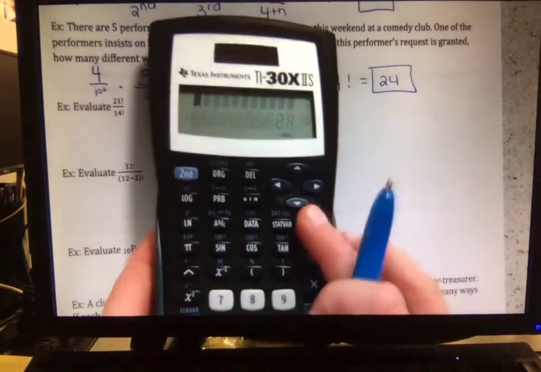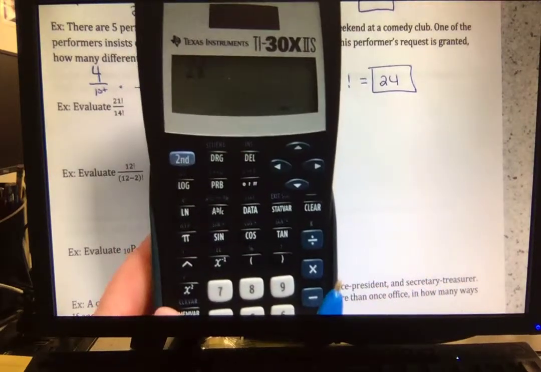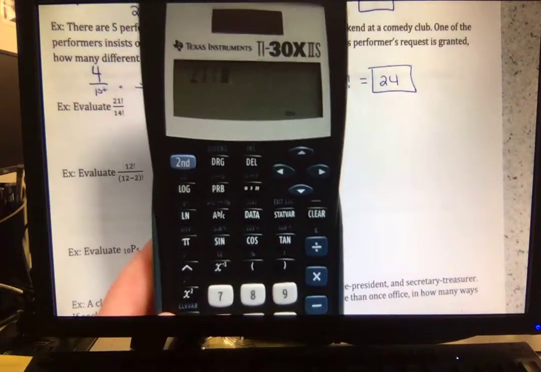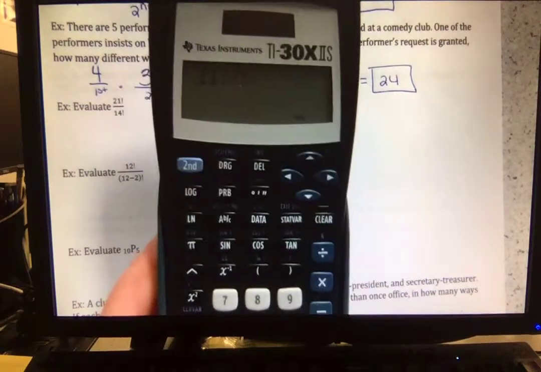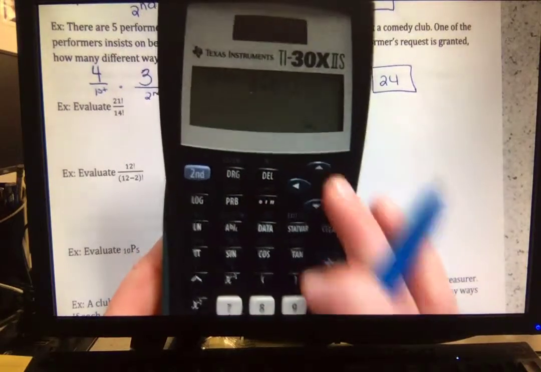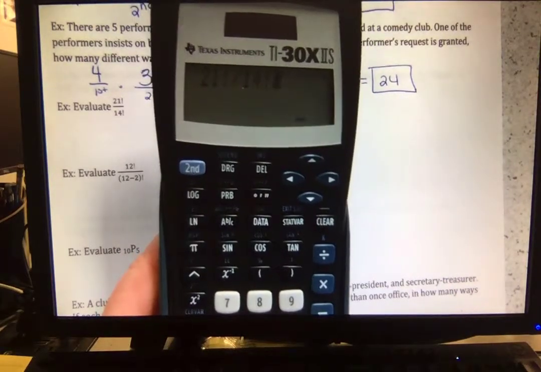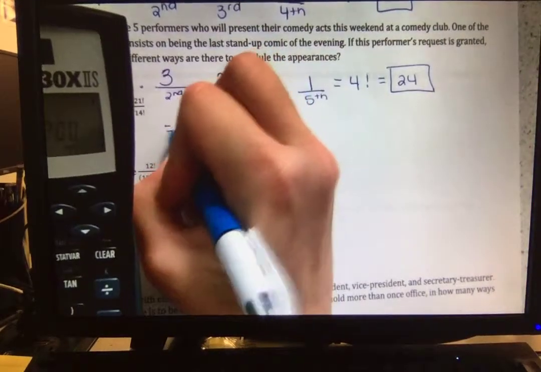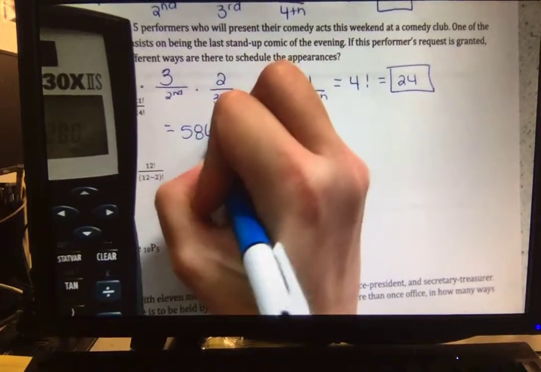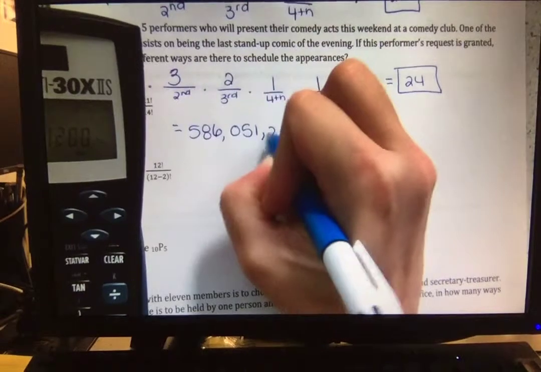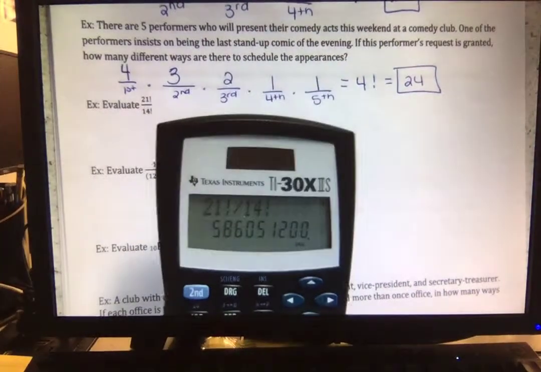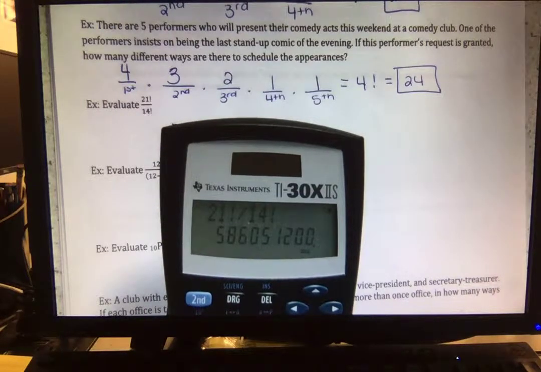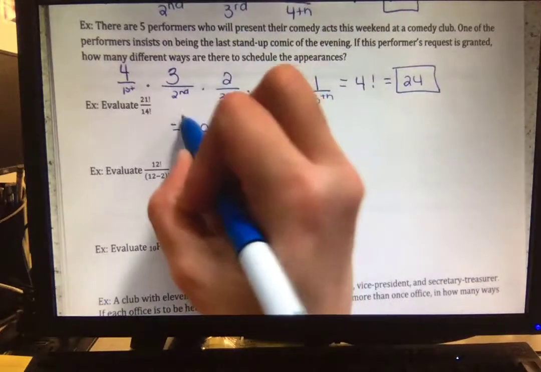So in our calculators, we have 21, hitting our PRB button and scrolling over to our factorial, divided by 14, PRB, scrolling over to our factorial, should give us 586,051,200. Just put it into your calculator.